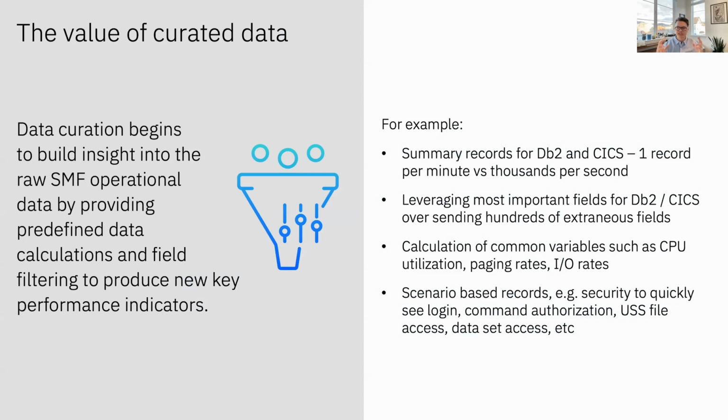So data curation is being able to take raw SMF data and provide a new record, or a new data type, that only has the important information pertinent to what you're looking at, and has all these predefined field filtering and calculations to essentially produce a new key performance indicator, or KPI.